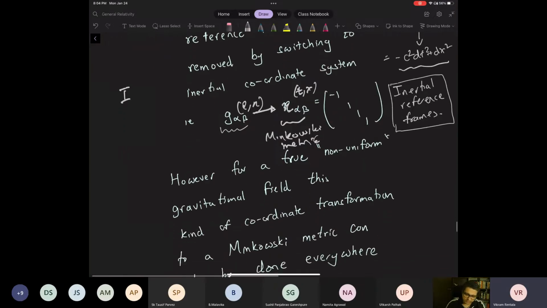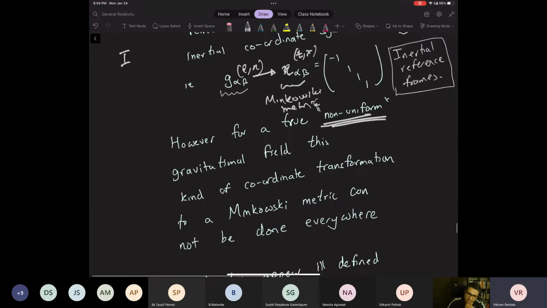So it is possible to have non-uniform gravitational fields, and if you have one, then it is not possible to always get rid of the coordinate dependence of the metric. That is, the fact that this metric in some coordinate system depends on the coordinates.